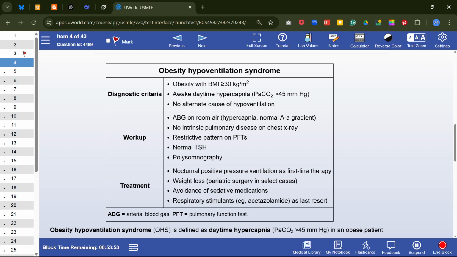Yes, that's why. Okay, not always correct, but it's like the Mentzer index for diagnosing IDA and thalassemia.